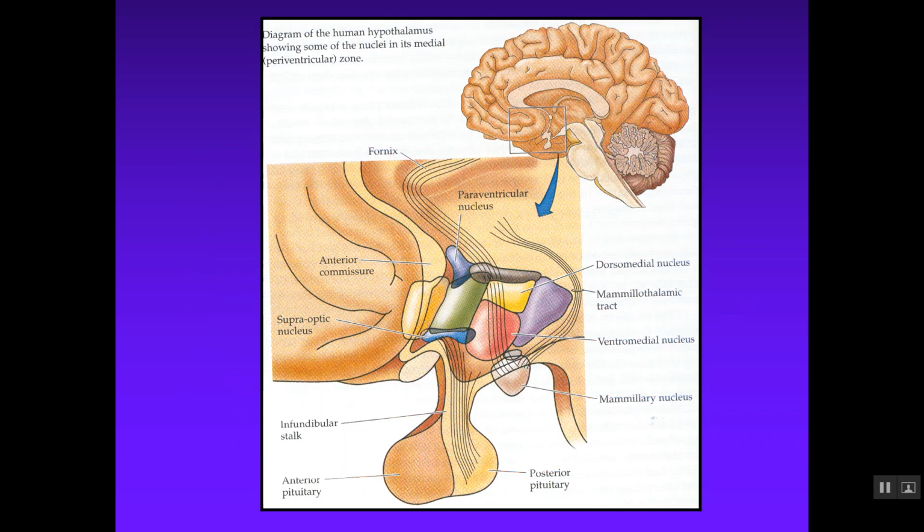So we're not going to go into the hypothalamus too much. I mean, it's a very complex structure, but just know that it's made of multiple nuclei. You don't really have to know those nuclei.